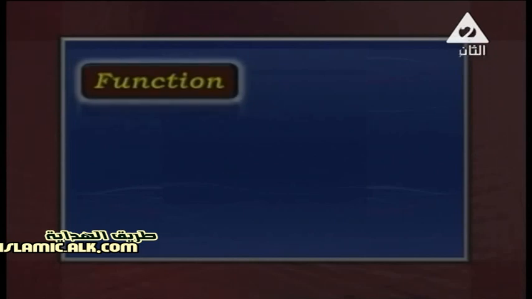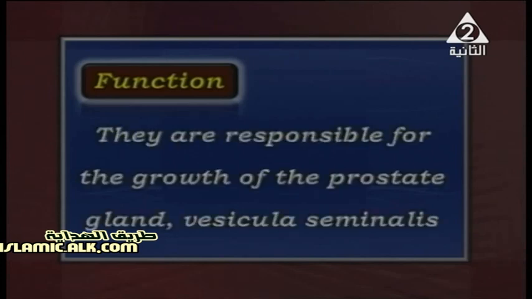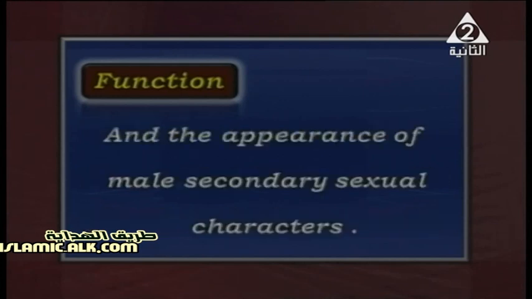Their function, as we said, is being responsible for the growth of the prostate gland and seminal vesicle, and also the appearance of male sex characters. I mean the enlargement of muscles, harshness of the voice, and appearance of hair on the face and some different body parts.